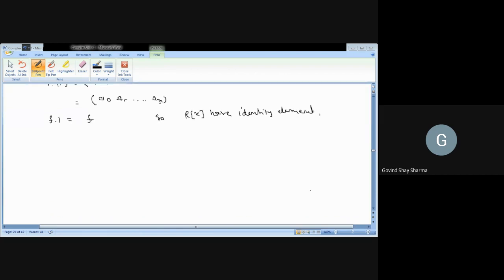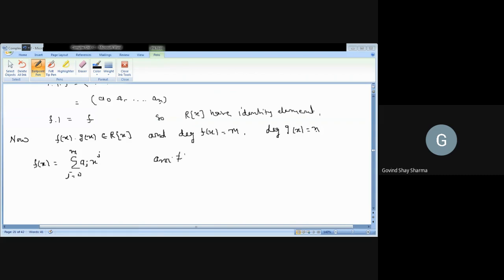Now we will show that f(x) dot g(x) belongs to R[x], where the degree of f(x) is equal to m and the degree of g(x) is equal to n. f(x) can be written as the sum of a_i x^i, i from 0 to m, with a_m not equal to 0.